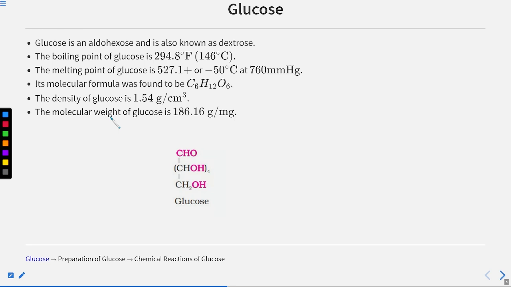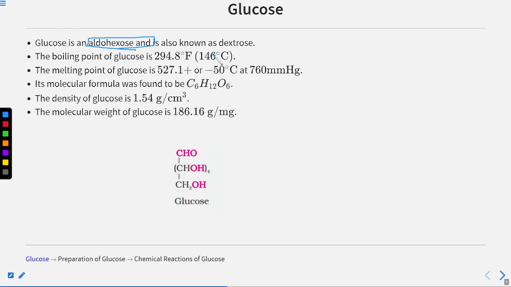So glucose falls under hexose, and under aldose. In these two classifications, glucose falls under aldose by the position of the carbonyl center, and under hexose by the number of carbon atoms. So it can be characterized as an aldohexose.